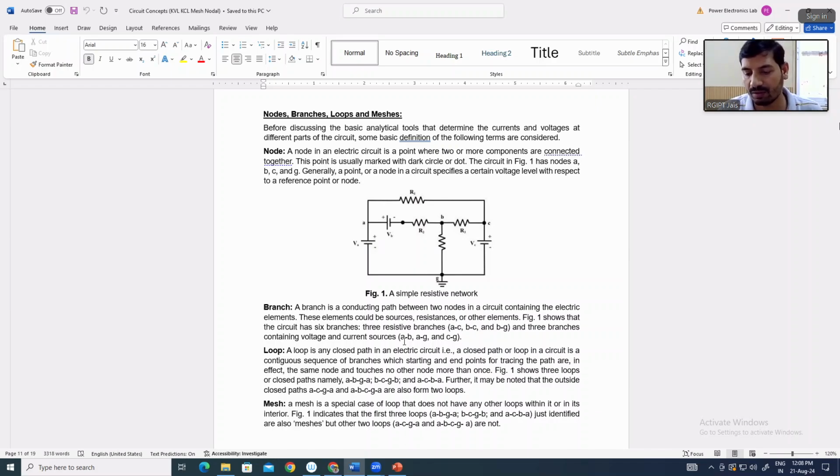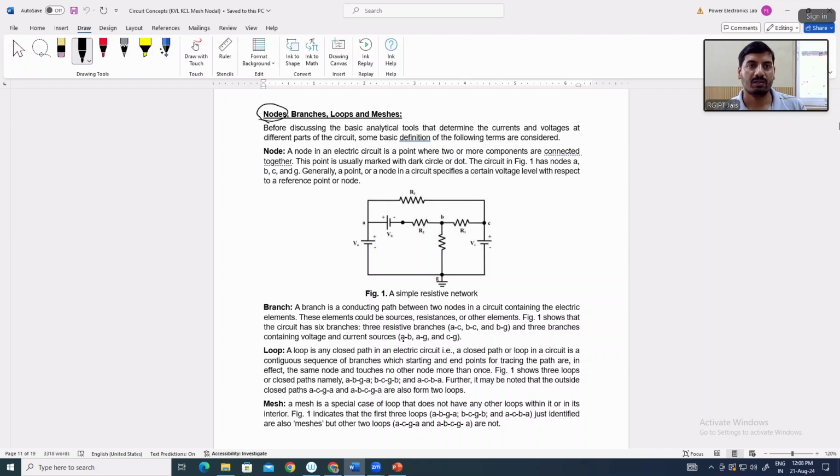So before the circuit solving concept, we will see some terminology in network or circuit. First terminology is node, then branches, then loops, and meshes.